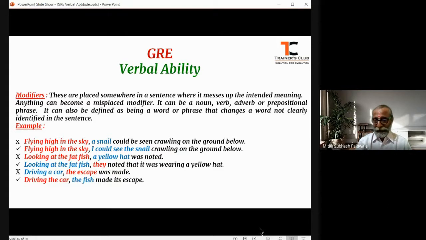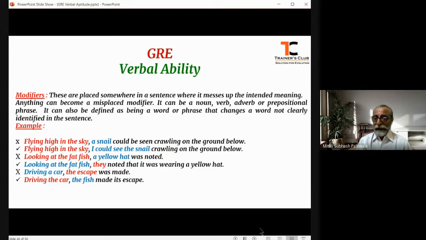Modifiers are certain words which are placed not in a definite or specific place. They can be placed somewhere in a sentence, and that messes up the intended, actual meaning of the sentence.